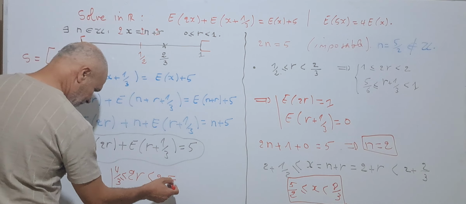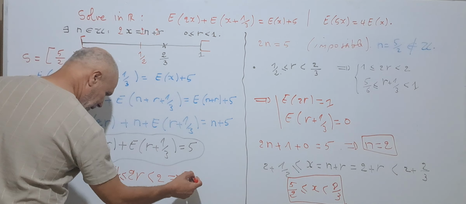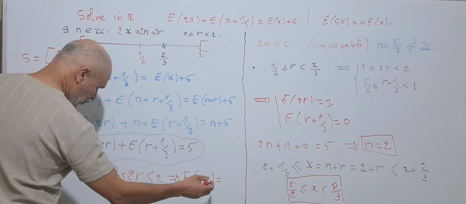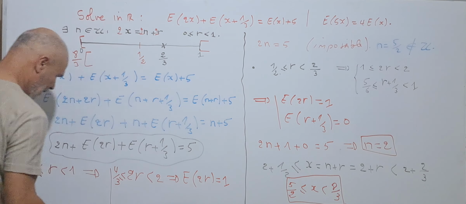And by the way, the integer part of 2r is equal to 1.